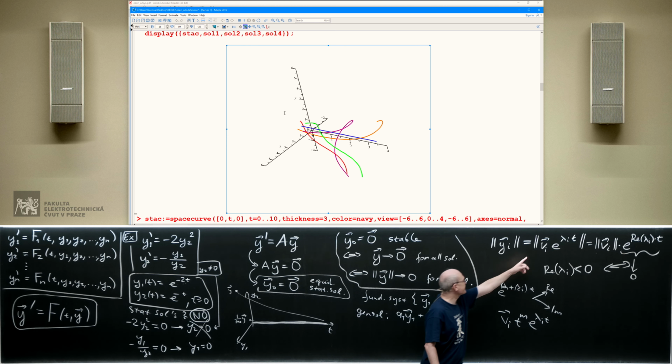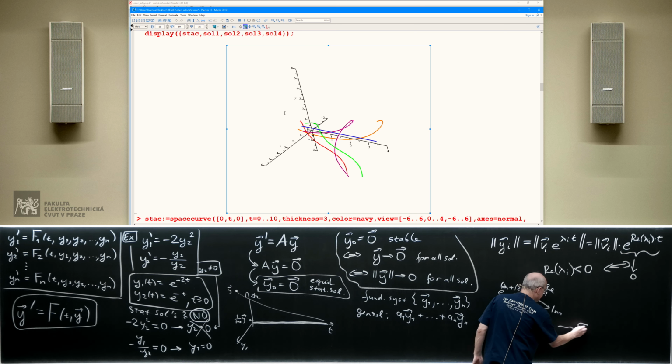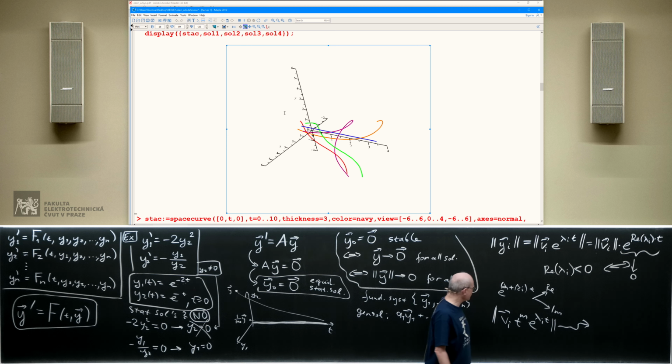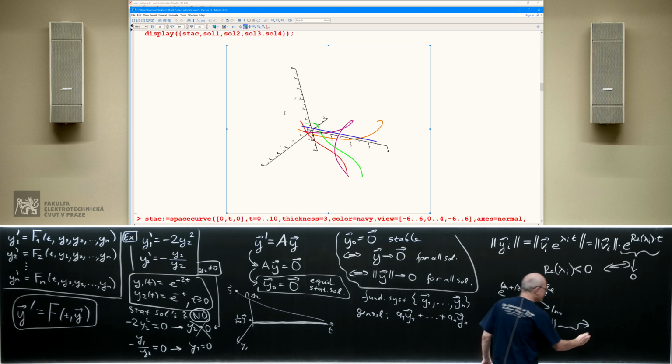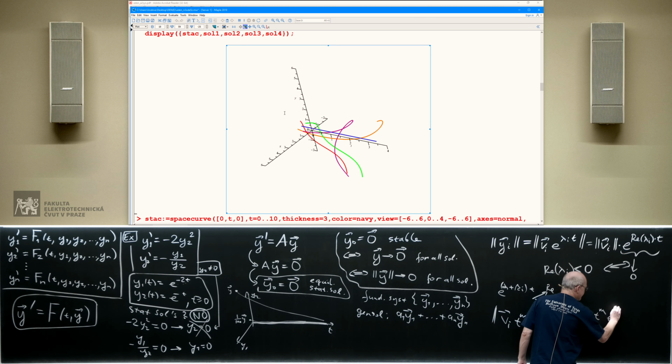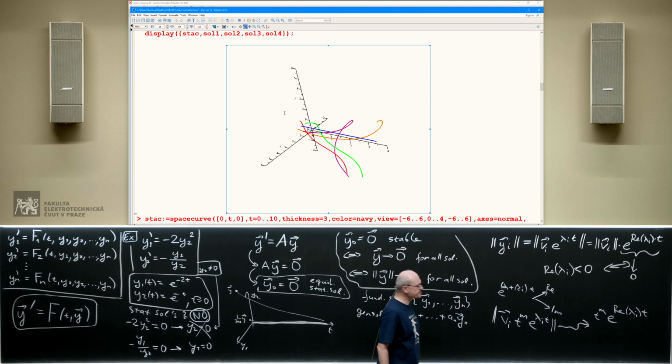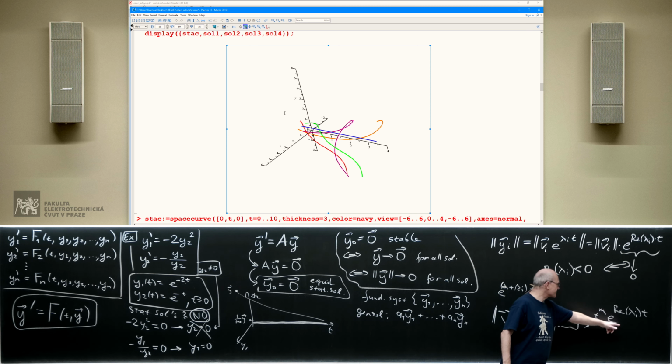And again, we can take the norm, ask how large this is, and when we do so, we find that we are actually looking at the power times the exponential, again with the real part of the eigenvalue in it. Now, what is the limit at infinity? We know this from calculus. Exponentials are dominant.